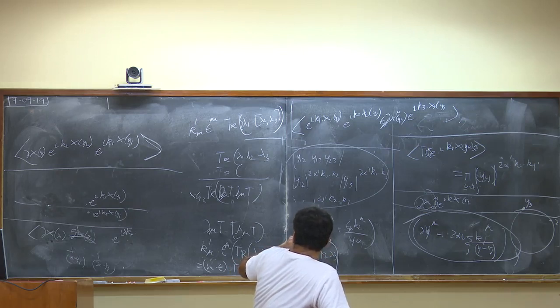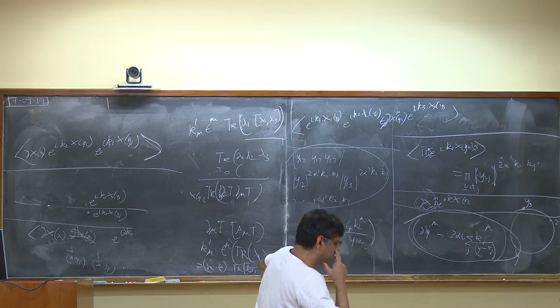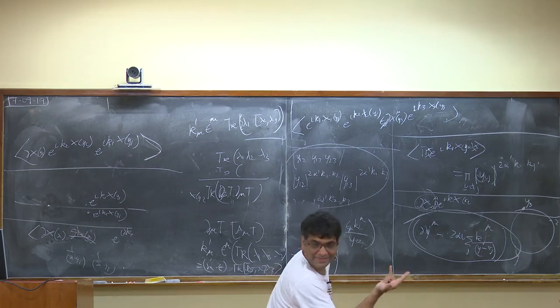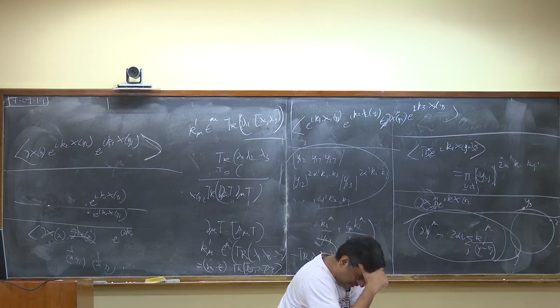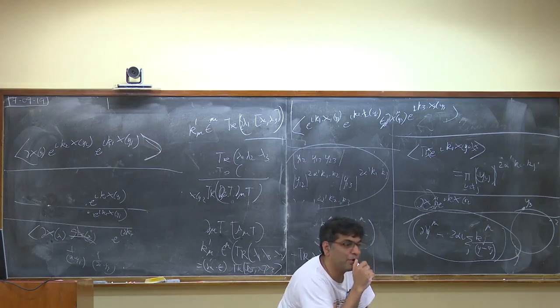So now you could ask, if I interchange 1 and 2, I should get absolutely the interchanged answer. But when I actually do the calculation, I'm not getting the interchanged answer.